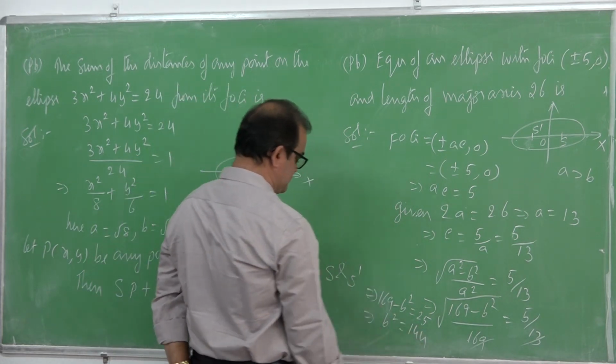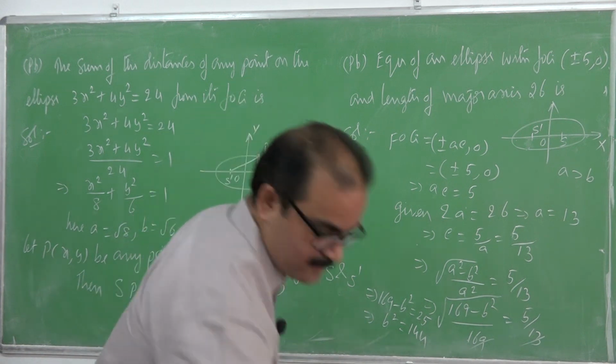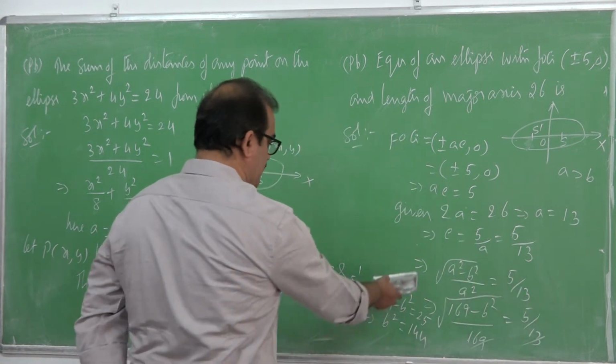Therefore, what is the equation of the ellipse? Substitute a value and b value.